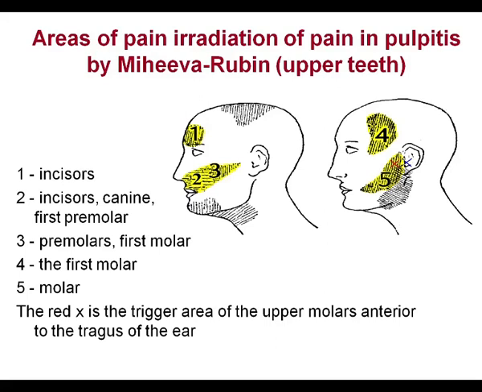And according to this reason, there are areas of pain irradiation in pulpitis by Mikheva-Rubin. For upper teeth, there are some areas on the face, in the lip, in the cheek, in the forehead. For molars, it is in the cheek and ear, and for the first molar, in the temporal area.